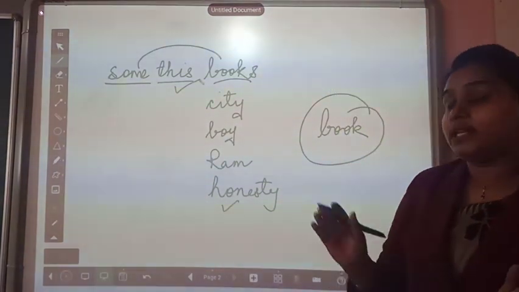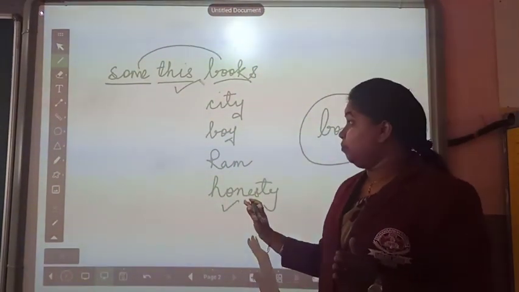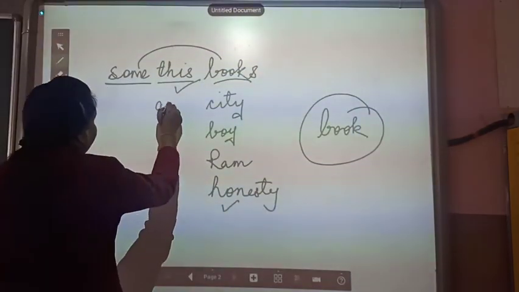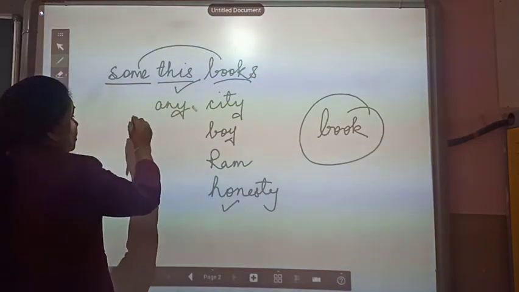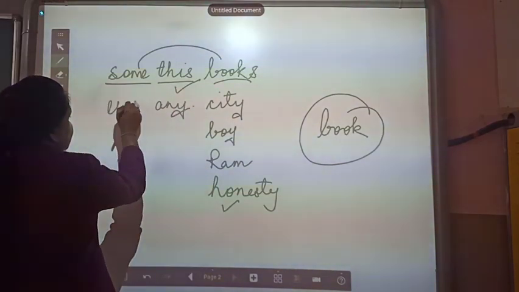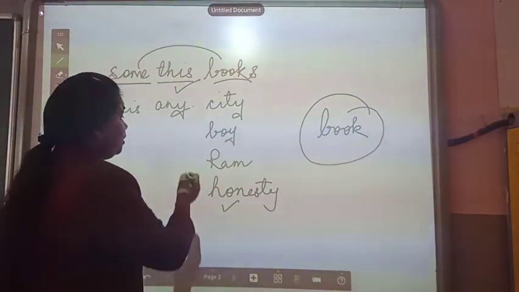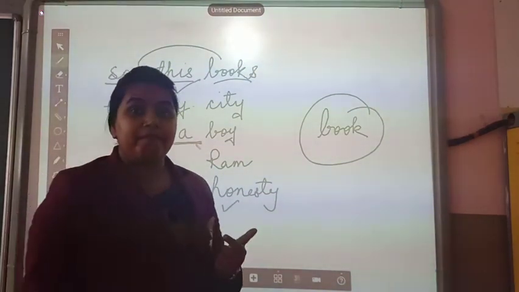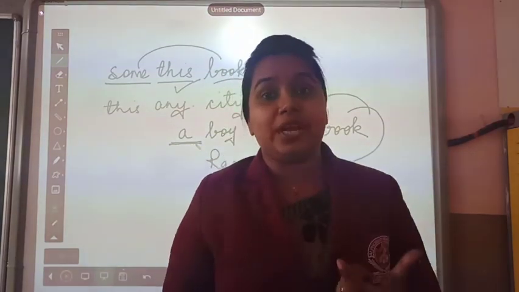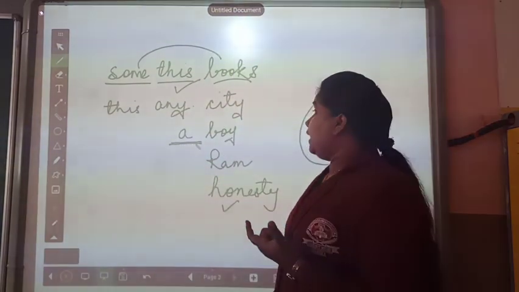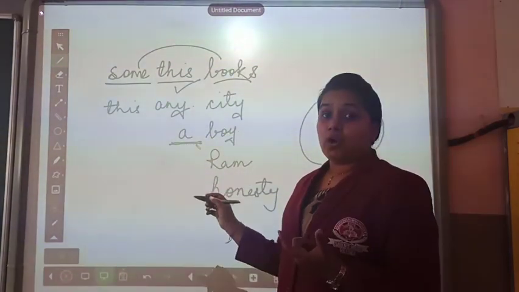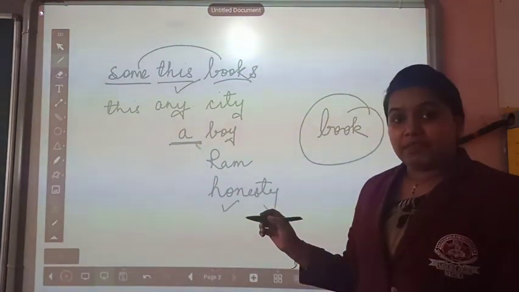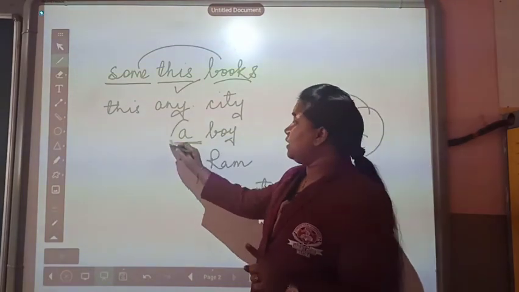So this is the work of a determiner. If I say city, any city, or this city, that city, a boy. Now, a boy is used to refer to a boy in general. These determiners are not only pointing out things in specification but also in general.